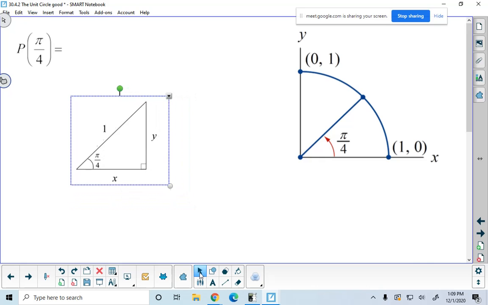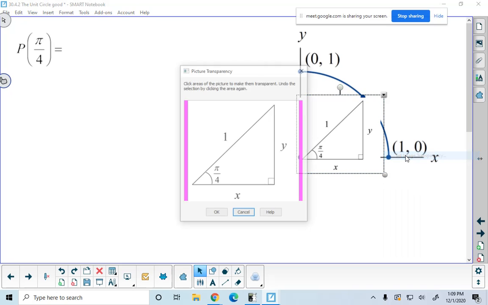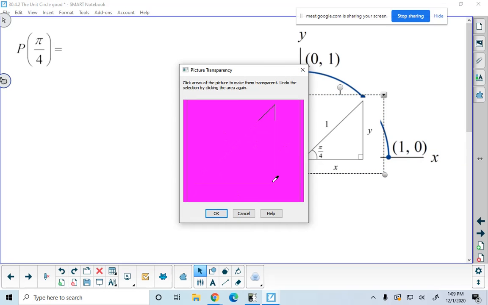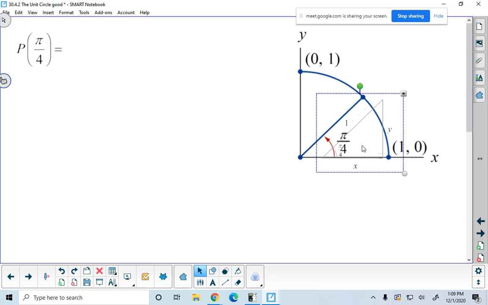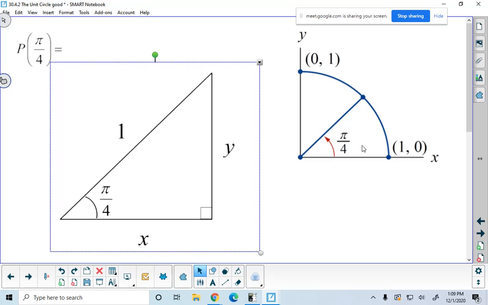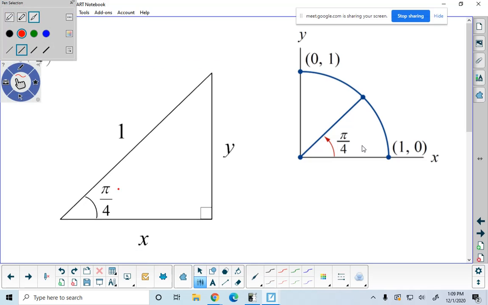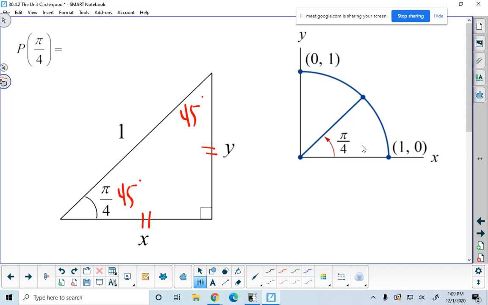We want to determine the coordinates of this point up top. So I've peeled this triangle off and I've made it bigger. Well, if this is a 45-degree triangle, then this must be 45 degrees as well, and that tells you it's isosceles, which means this side and this side are equal.